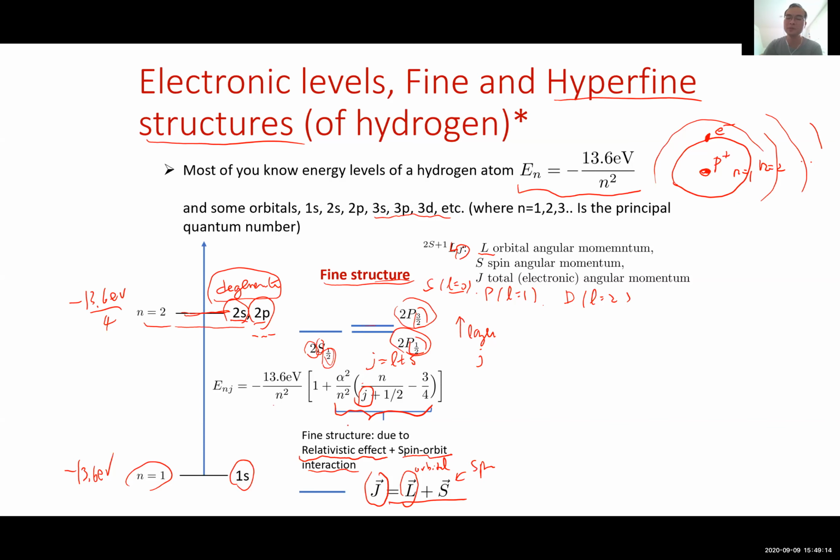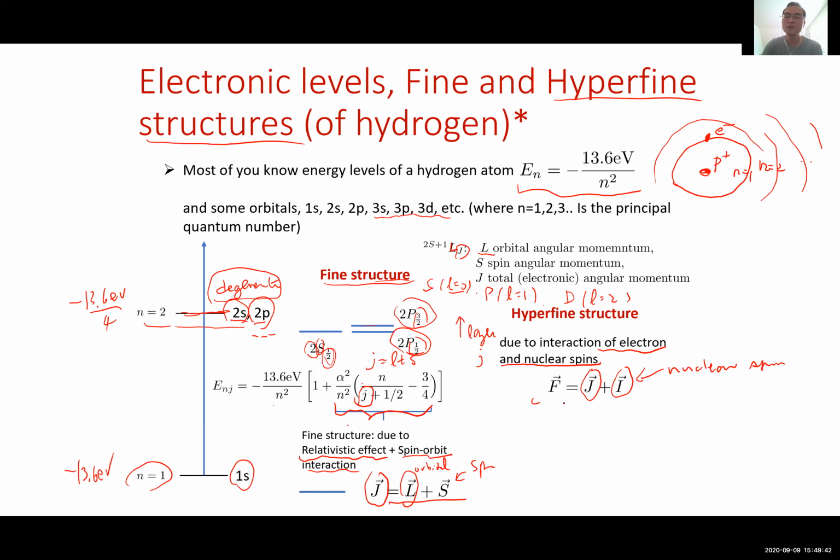And I guess people later found there is more structure, so they call it hyperfine structure. The hyperfine structure is due to the interaction of the electron spin and the nuclear spin. So this is the electron's total angular momentum. This is the nuclear spin. Yeah, so we have more and more symbols.